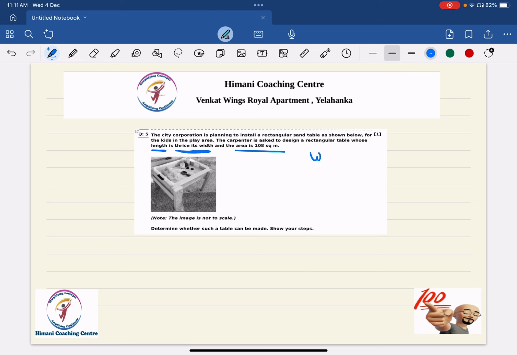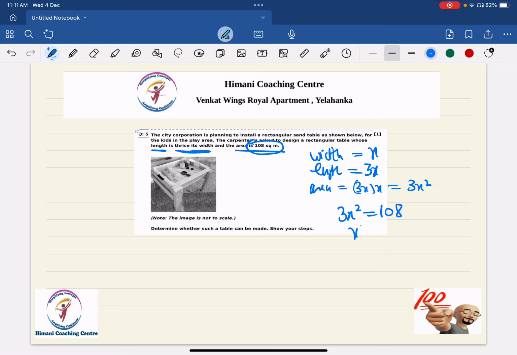First understand the length is thrice its width. So let us say the width is x meter. Then according to the question, length is 3x. Correct? Now, what is the area according to this? Area is length into breadth. So area would be 3x into x, which is 3x square. And that is given equal to 108. So you can just show 3x square equals 108.